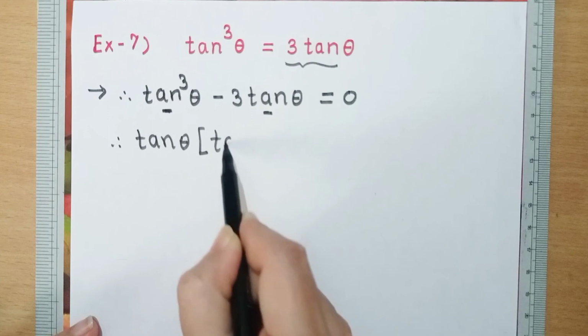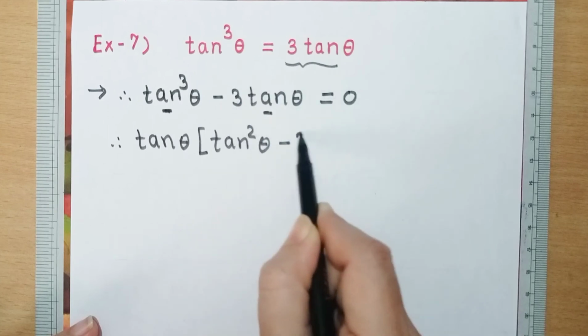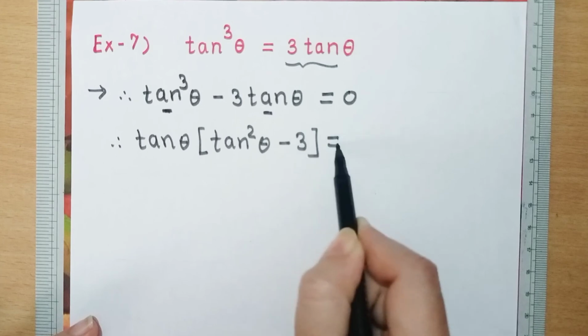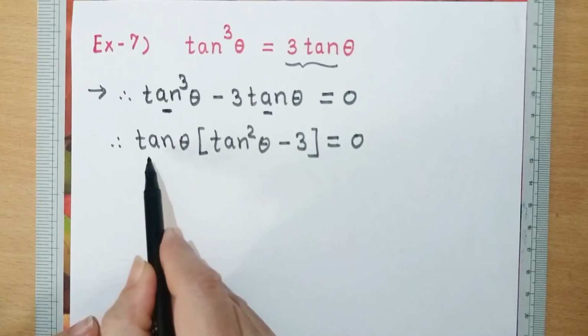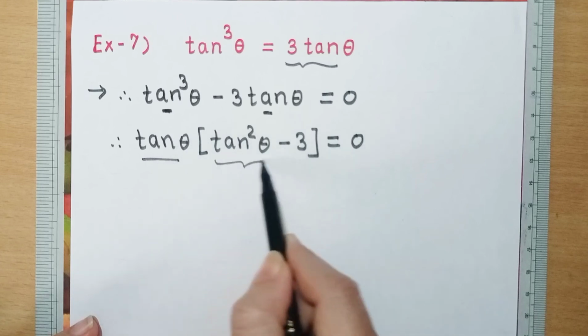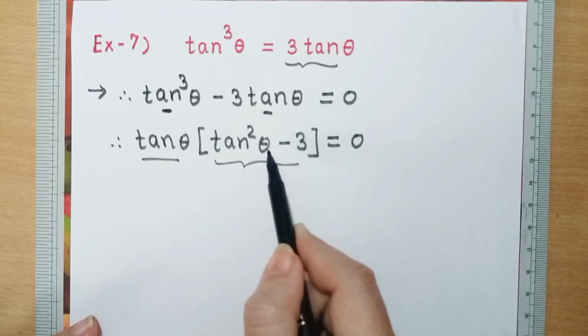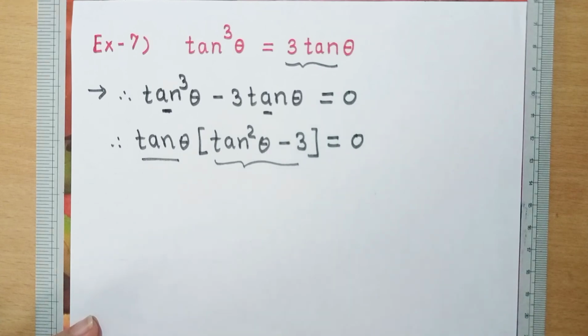Now here tan square theta will remain, and minus 3, that is equal to 0. Now check again. Tan theta means the product of this and this equal to 0, means either this equal to 0 or this bracket equal to 0.